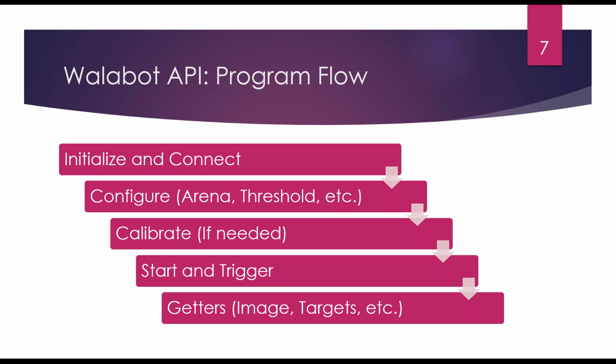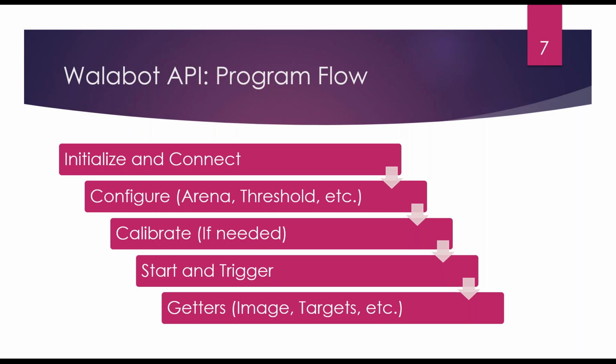Let's say you've put your Walabot in front of a wall, and the wall is static, of course. So it gets the wall on the calibration, and then during the recording and the processing, it subtracts the wall from the image. So you basically won't get the wall as a target per se. So that's the calibration thing. The calibration is one thing that you want to do first before you start recording for real.